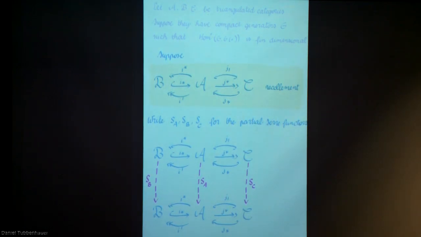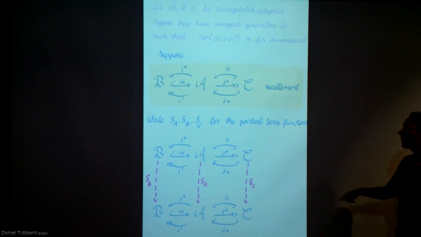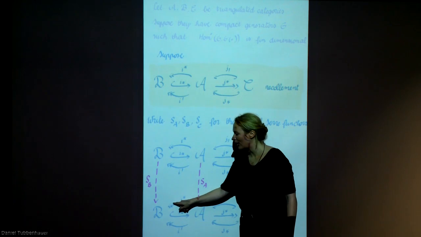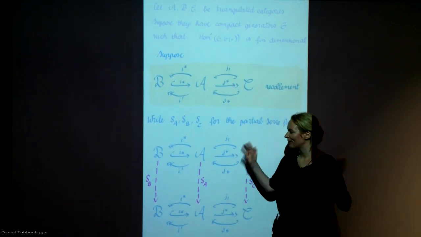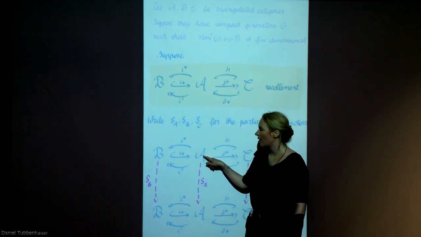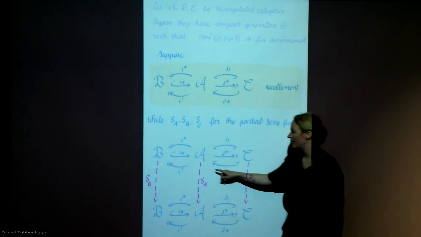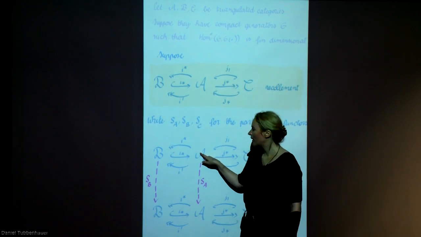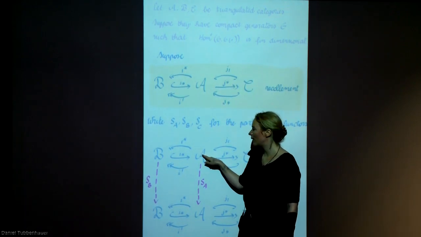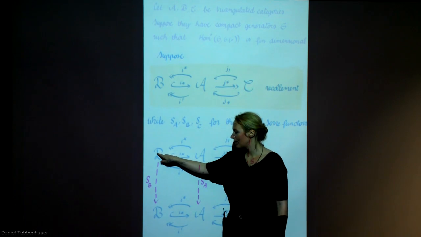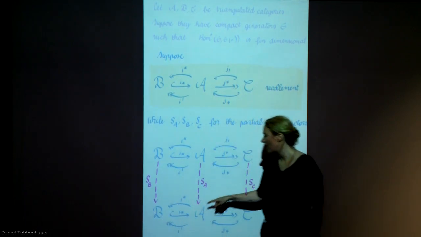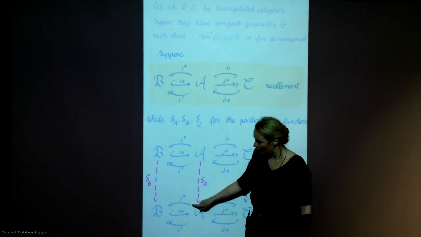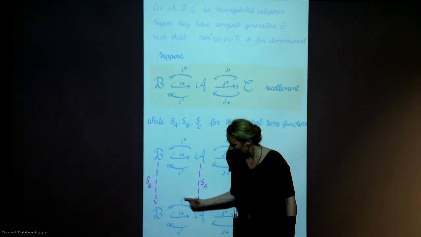Okay, so the top row always preserves compact objects. That's just formal nonsense. Suppose that we have a set of functors. We could go from one compact object to another compact object and then go down, or we could go down and then go up.